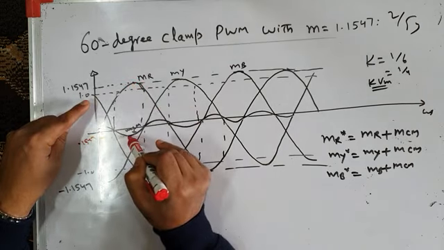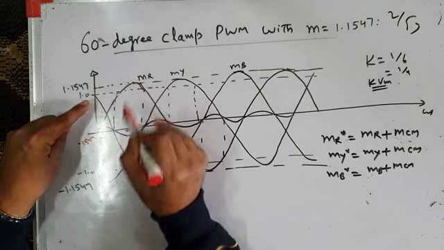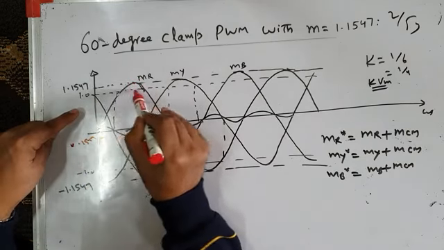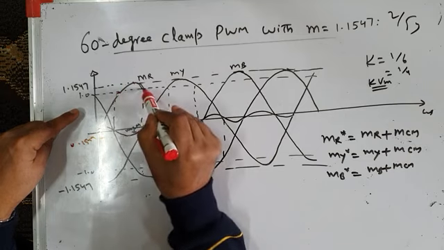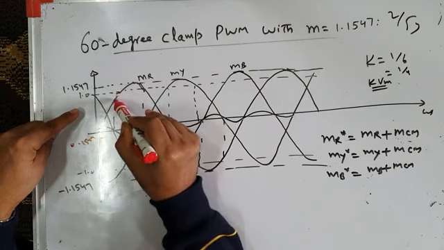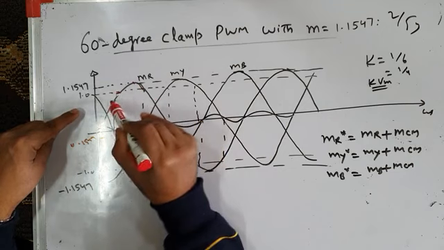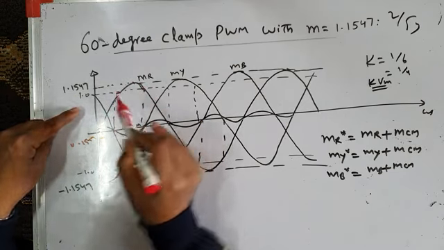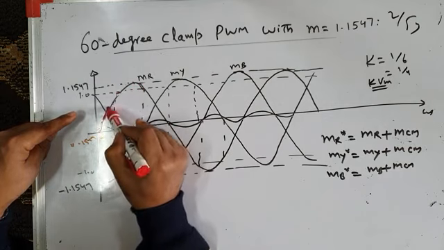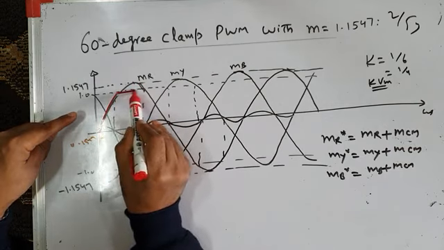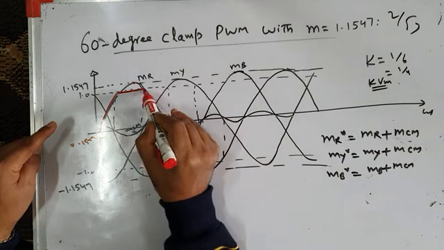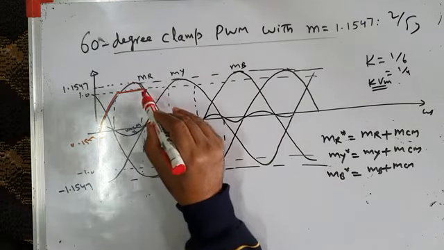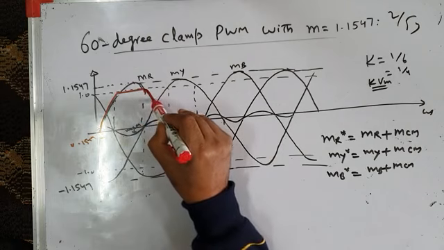When you subtract 0.1547 from 1.1547, it becomes 1. So that means over this 60-degree interval, in which your MR is maximum positive, this minus this becomes equal to 1. So it will start like this and then it will be clamped to 1 over the 60-degree interval. Then it will come down like this.